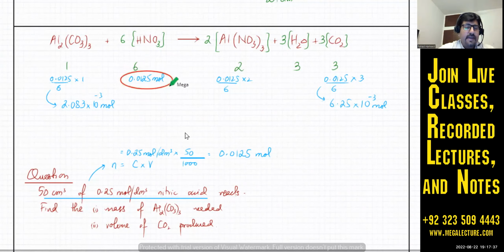So I'm telling you the strategy: the strategy is always the same. You find the moles of one thing using the data, and using this you're able to figure out the moles of everything in the equation. But right now we've only found moles. The question is not asking for the moles of Al2CO3, but the first strategy is you find the moles of one thing and then using that you can figure out the moles of everything.